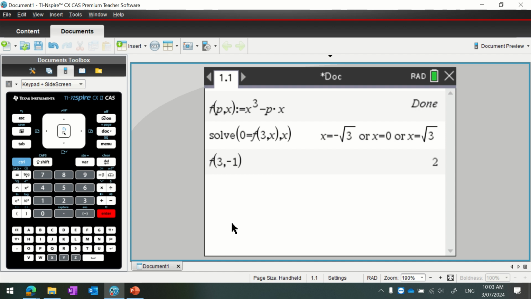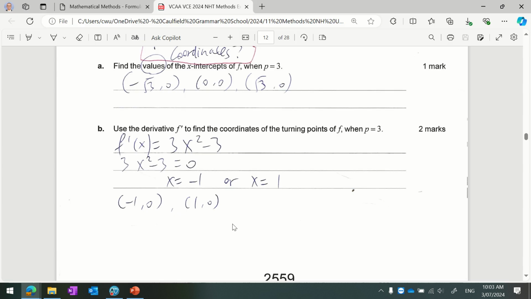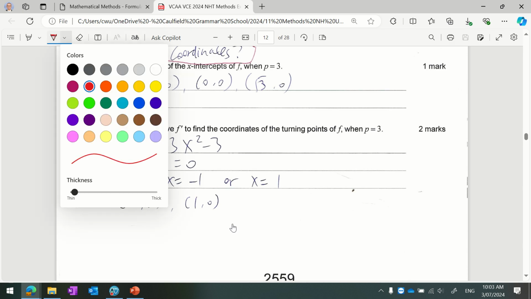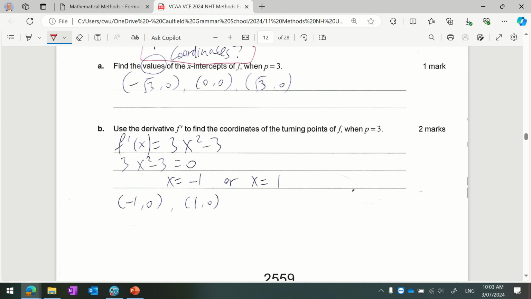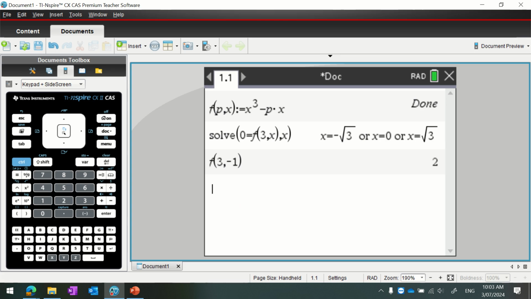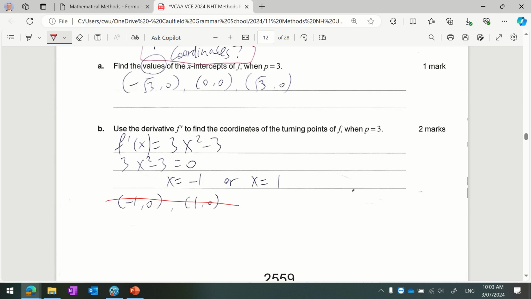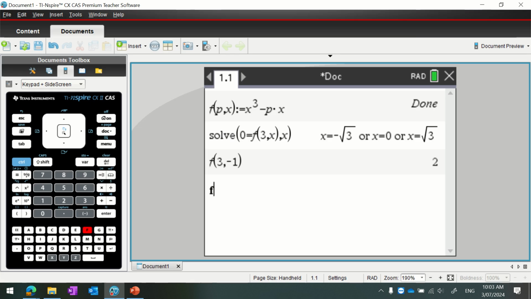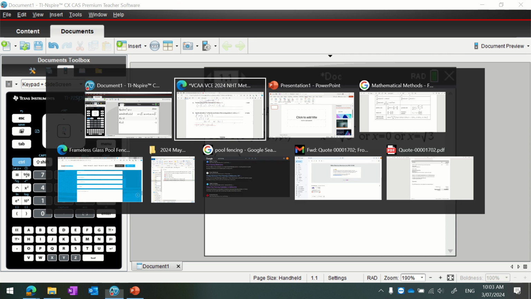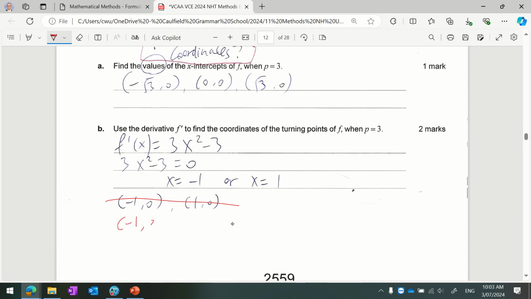I think I wrote the wrong thing. Yeah, that's not correct. f of -1 is what I'm looking for: -1, 2, and then the other one is 1, -2.